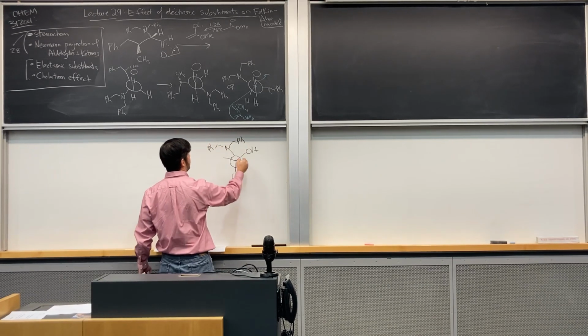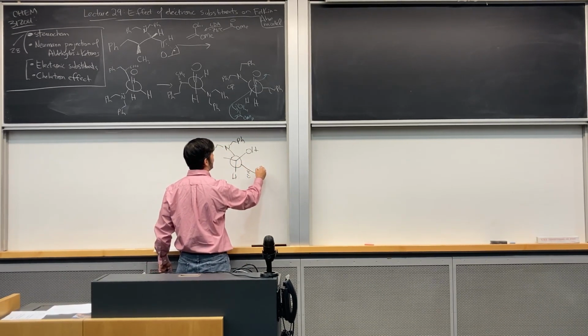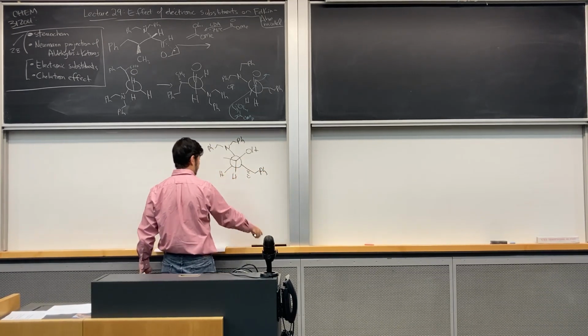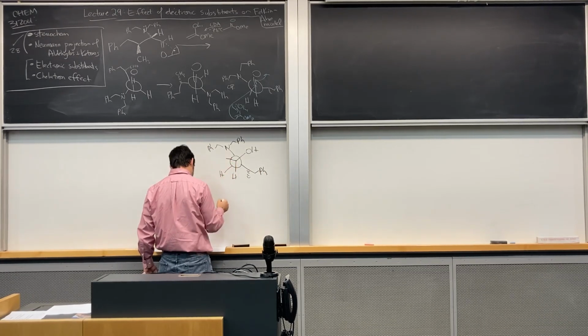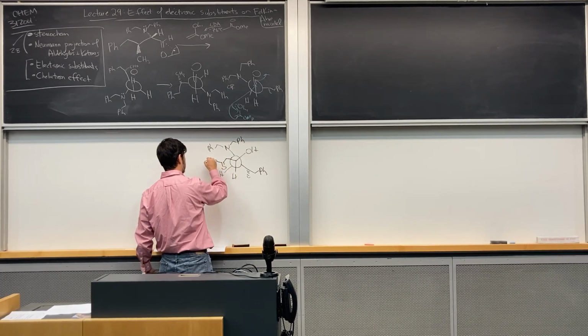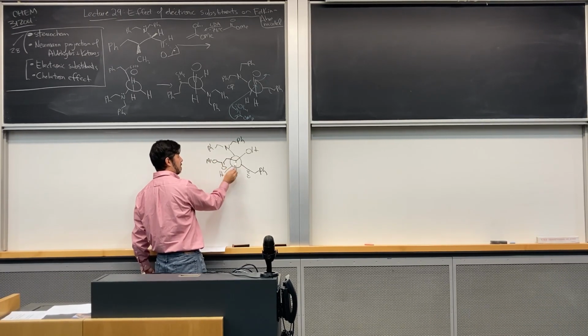Let's put the stuff on the back, everything 180 degrees away from each other. And then this thing just attacked. That was the enolate that attacked. So here's your new carbon-carbon bond. Okay, so that attacked.